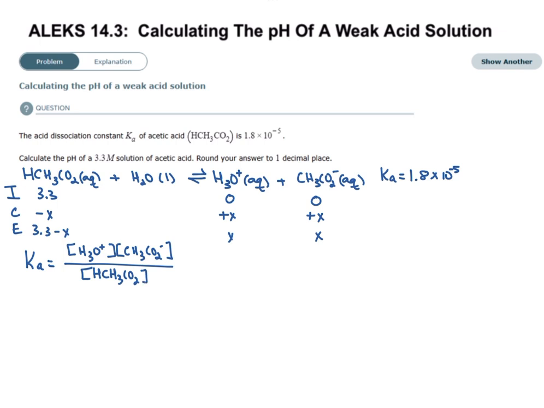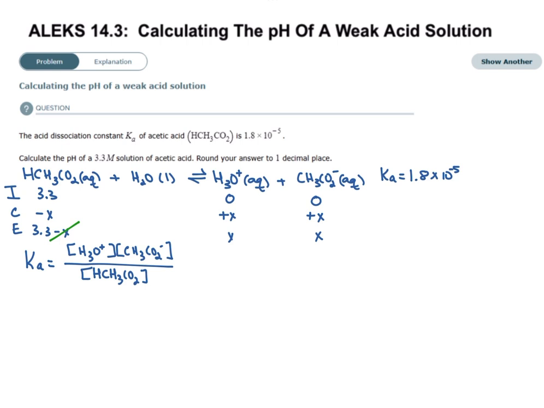Before I continue, I want to try and make the math as easy as possible. So I'm going to assume that x is so small that it really won't make a big difference to the final equilibrium concentration. Of course, I'm going to have to go back and check that before I give a final answer, but let's try to assume that first, and if it doesn't work out, we can work it out the long way.